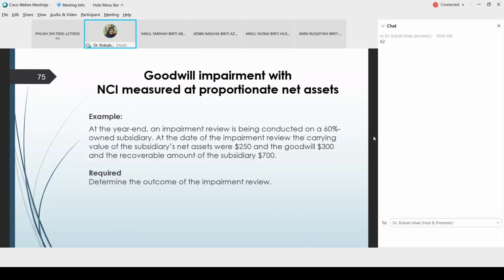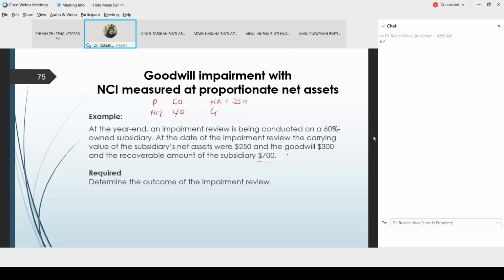Okay, let's try to look at this example. At the year end, an impairment review has been conducted on a 60% subsidiary. So the parent has 60% and the NCI has the other 40%. On the date of the impairment review, the carrying value of the subsidiary's net assets is 250, the goodwill was 300, and the recoverable amount here is 700.